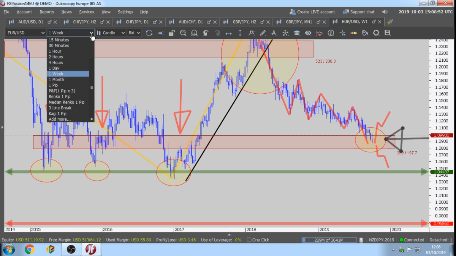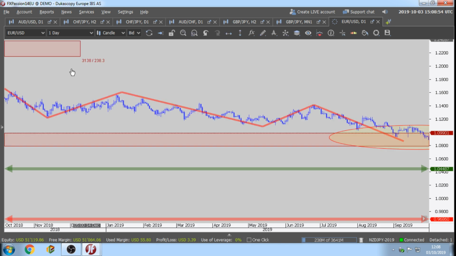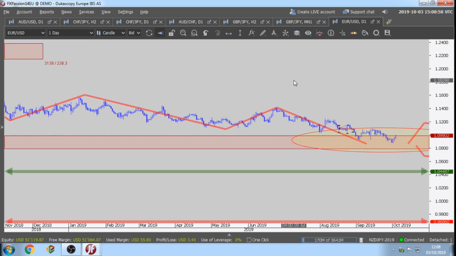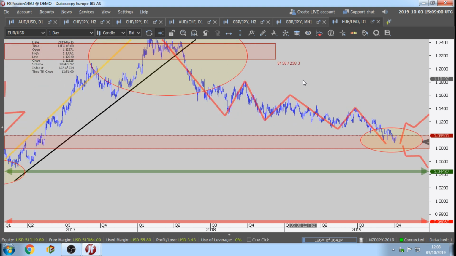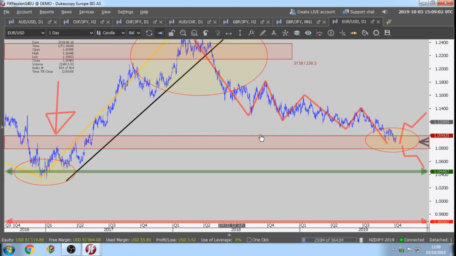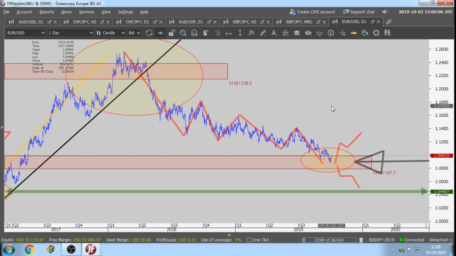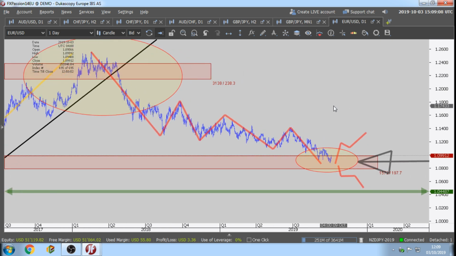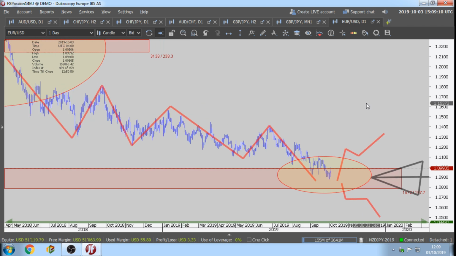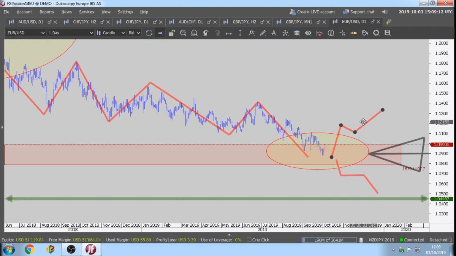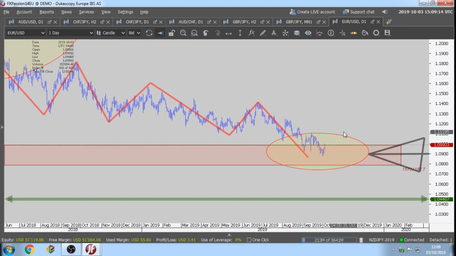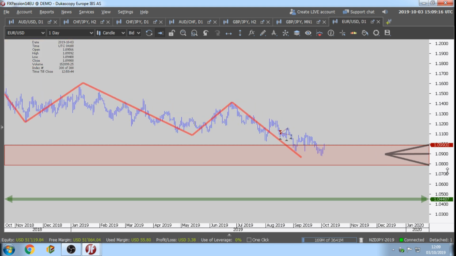Okay, now let's jump on the daily and let's see. So the structure is still the same. Now let's see the short-term trend. I'm going to delete this one, delete this one, delete this one, right?